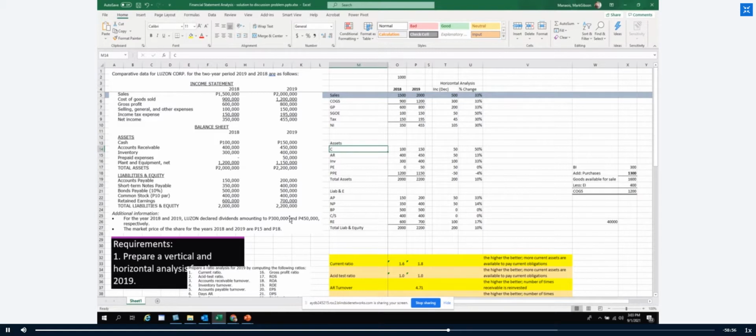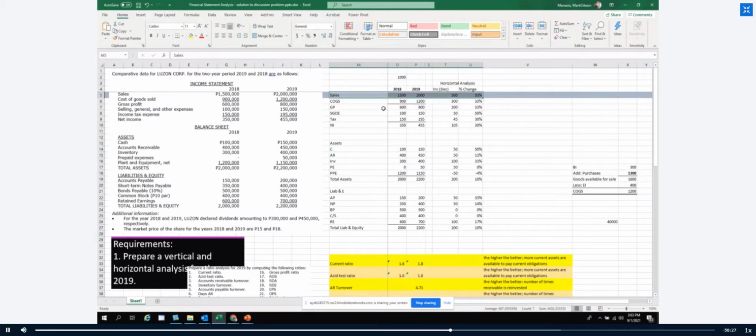That's another tip during the examination. You go first, you read first the requirements. What's required? I don't want to be spending so much time in completing the whole horizontal analysis for the whole financial statements, and then only to find out that you're only being asked what's the percentage change for your sales.